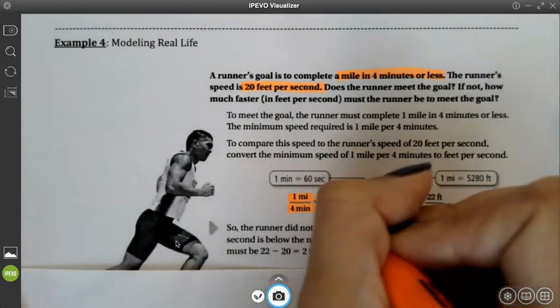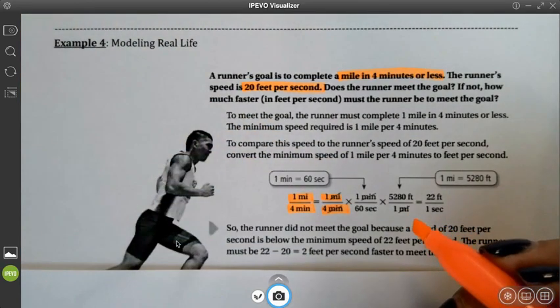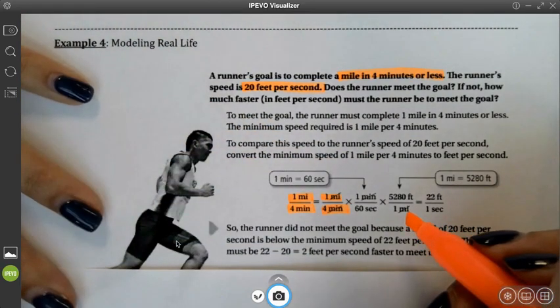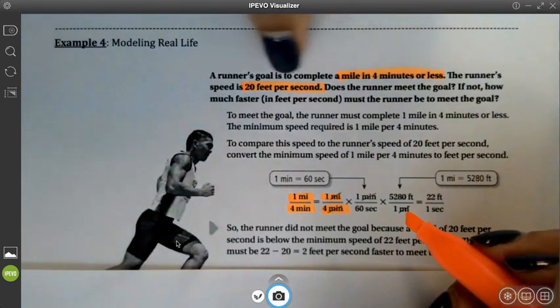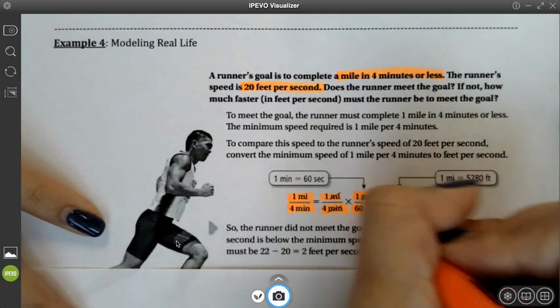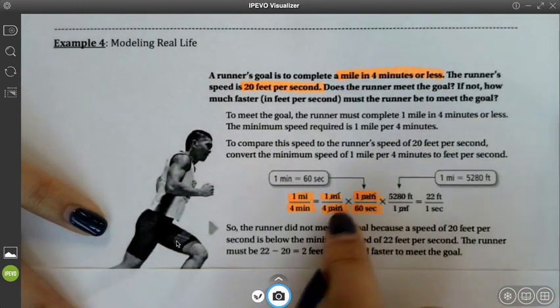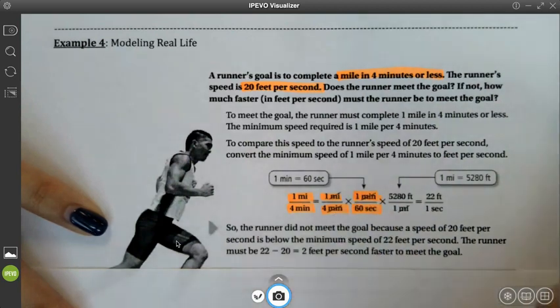I am going to use the 1 minute to 60 seconds comparison because I am trying to get minutes to seconds. So I have 1 minute in the numerator, 60 seconds in the denominator. That allows me to cross-cancel my minutes unit.